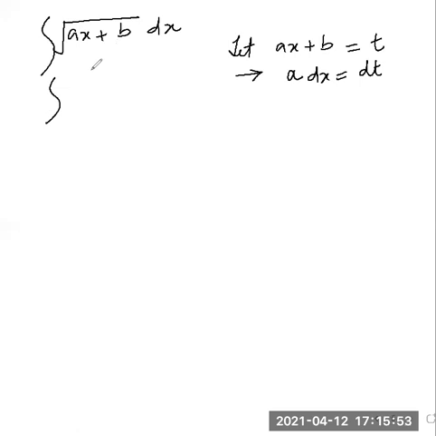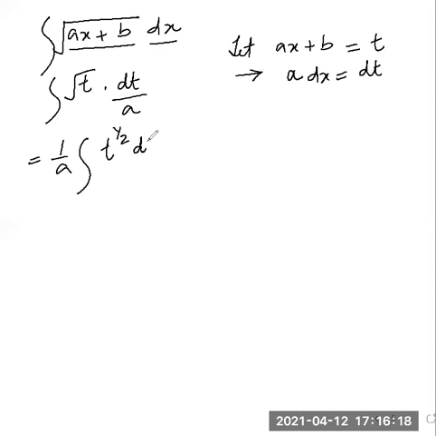So this becomes equal to dt by a. We have imagined ax plus b is t, so it will be under root t. What is the value of dx? dt by a. Beautiful. So this will be equal to 1 by a integral of t raised to power 1 by 2 dt.